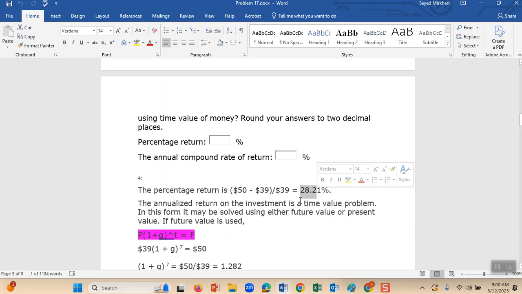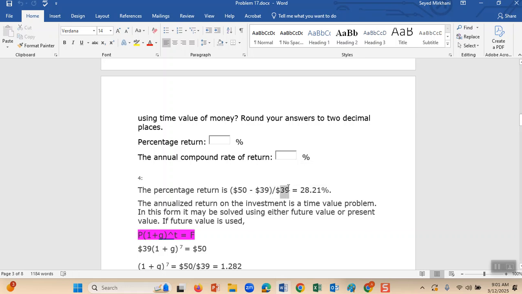Why? Because of the compounding effect. Compounding effect is when during the first year, it's true, you get 4%. But when you get 4%, let's say 4% of this $40, 4 times 4 is 16, $0.60.